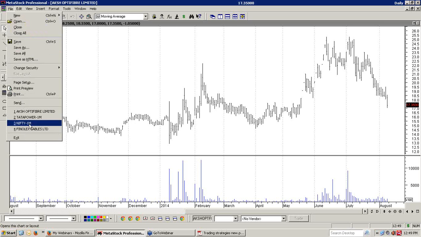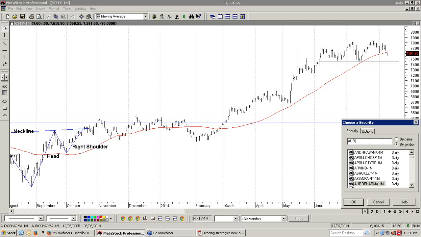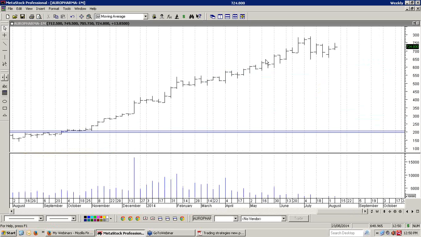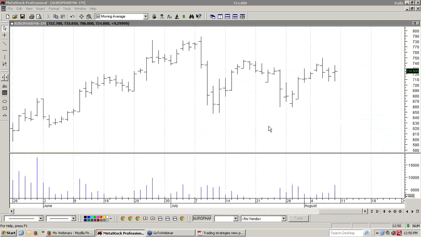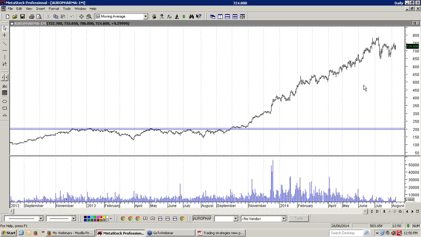Aurobindo Pharma, after a huge non-stop rally from somewhere around 200 to 780 rupees, has taken a pause and has shown a falling bottom pattern.